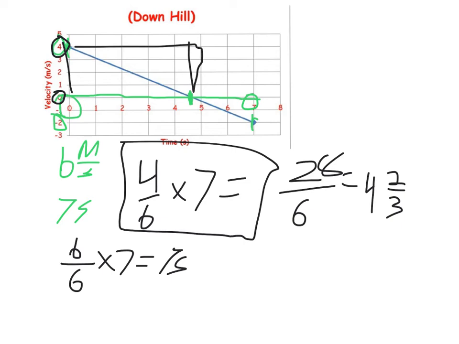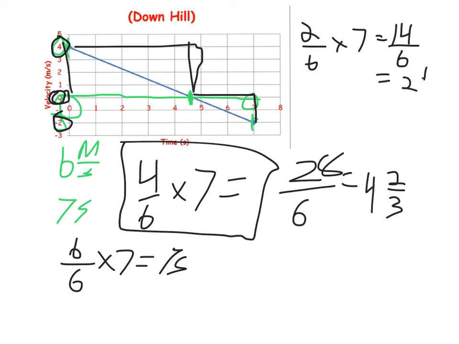Now, if we wanted to check our work, we could also figure out this piece right here. From 0 to -2, it's changing by 2 out of the 6. So 2/6 times 7 would equal 14/6, which is the same as 2 and 1/3.